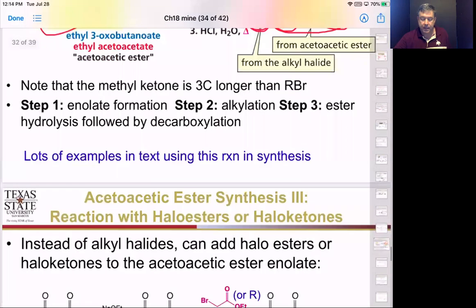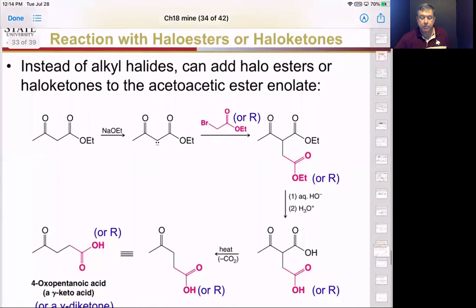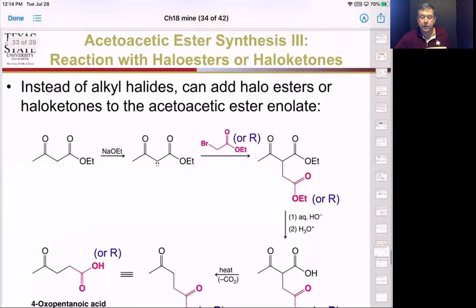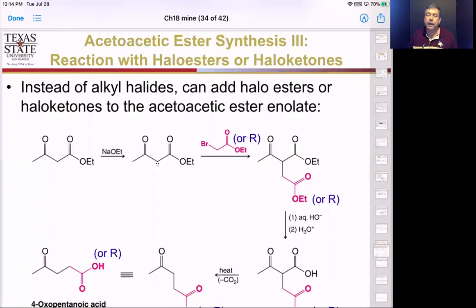Okay, all right, so let me show you another reaction here, and I want to show you the importance of having that ketone in that beta position. So let's start a reaction with our acetoacetic ester here.